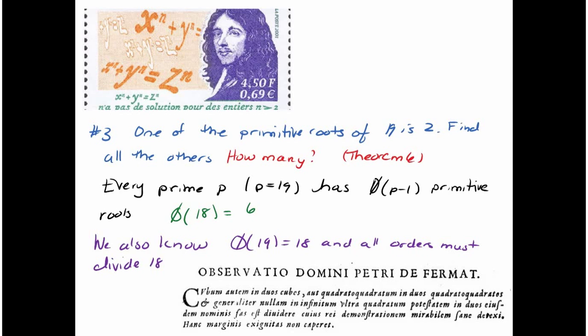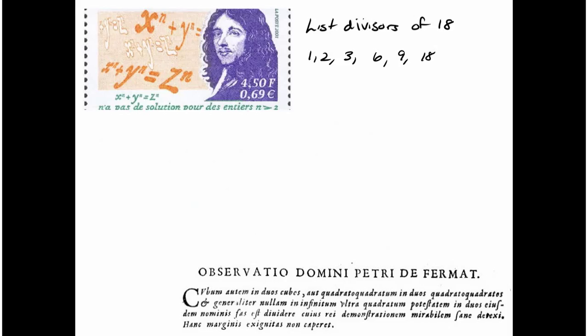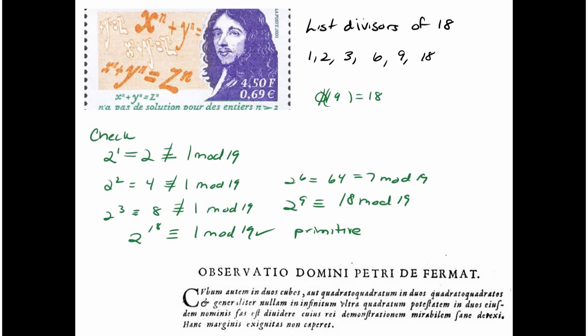We also know that phi of 19 is 18, and all the orders must divide this number 18. So I'm going to list the divisors of 18, and they are 1, 2, 3, 6, 9, and 18. I'm just going to check that 2 indeed is a primitive root, and it is, because 2 to the 18 is the first power that gets me back to 1.